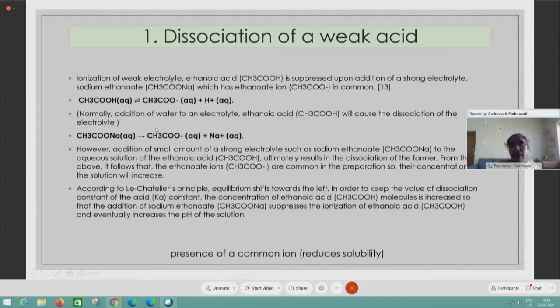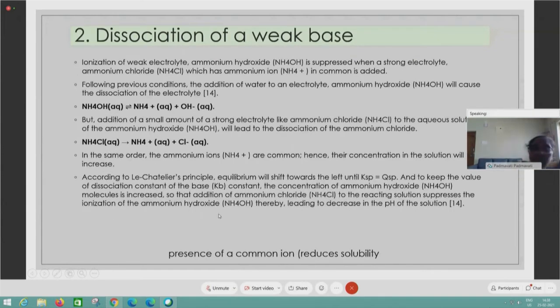So because of this common ion, there is reduction in dissociation of acetic acid. And the same is the case with a weak base. We have ammonium hydroxide and ammonium chloride. There is an ion in common, and this common ion reduces the solubility of ammonia in water.